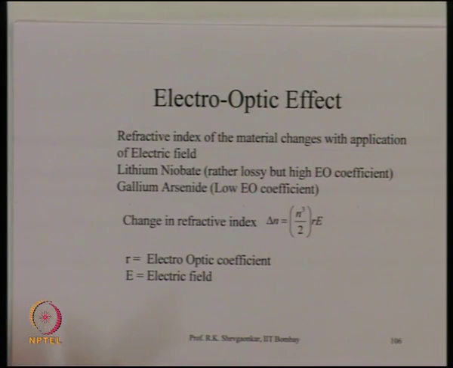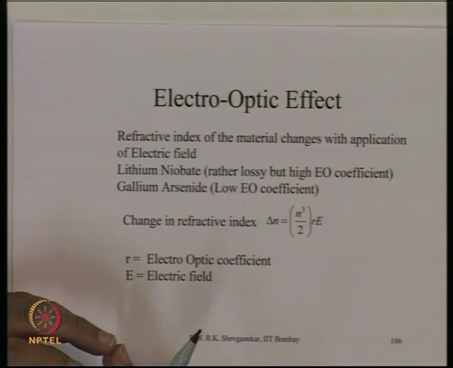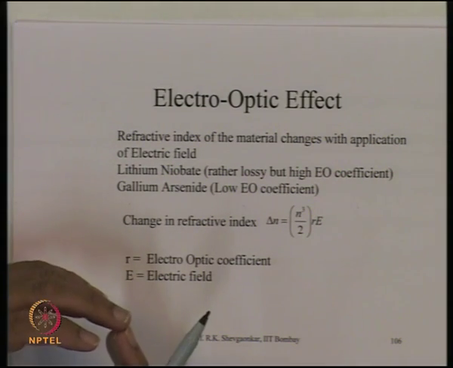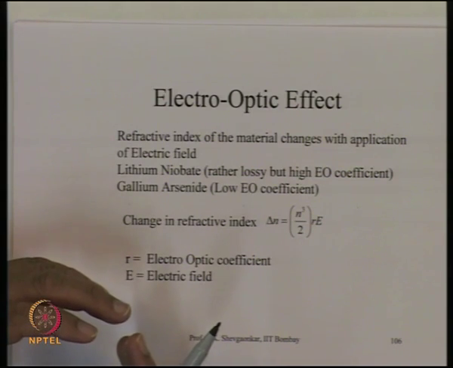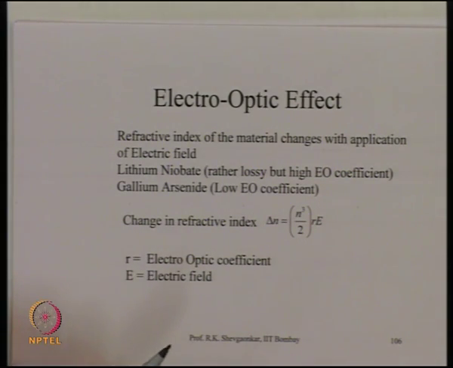At the heart of these integrated optical devices, we have a phenomenon called the electro-optic effect. We have certain materials whose dielectric constant can be changed by application of electric or magnetic fields. A material whose dielectric constant changes when an electric field is applied across it is called an electro-optic material, whereas if the properties are changed by application of a magnetic field, we call it a magneto-optic material.